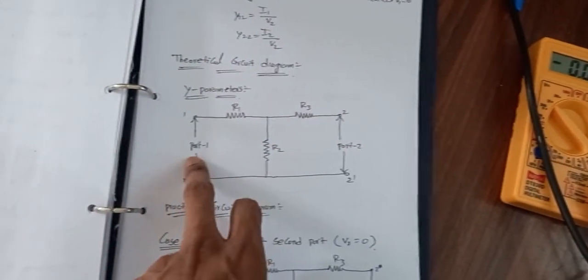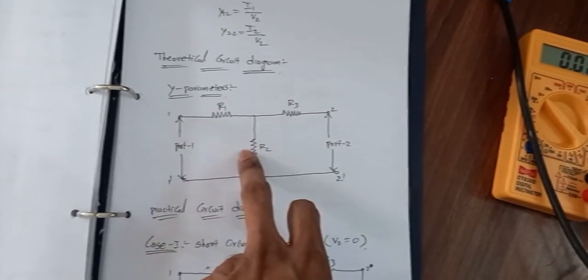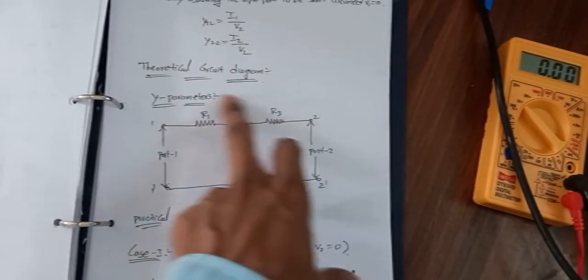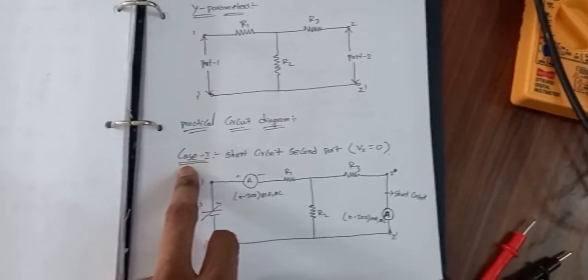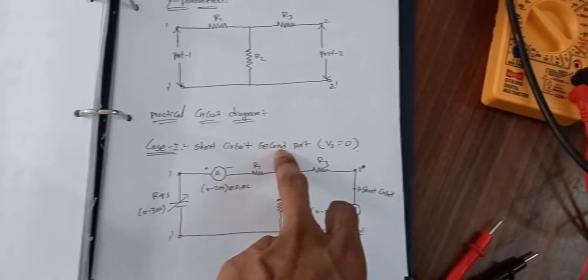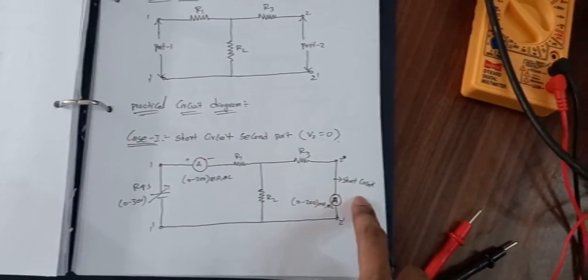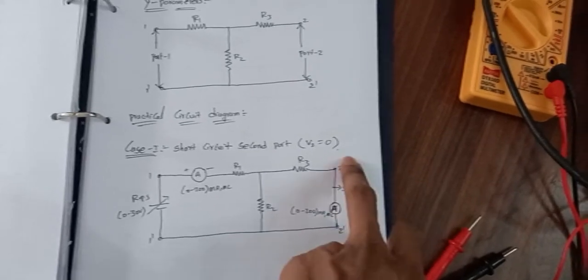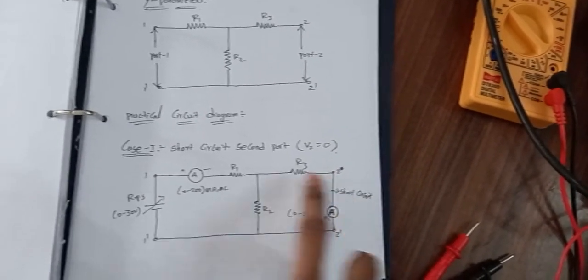So this one is a theoretical diagram, with port 1 and port 2. R1, R2, R3 are unknown resistances. In the first condition, in the practical diagram, we short circuit the second port, so V2 is 0.